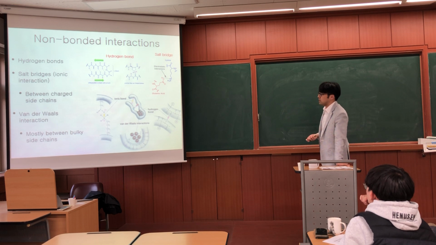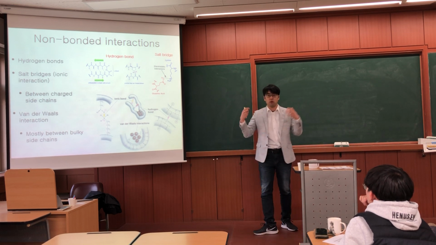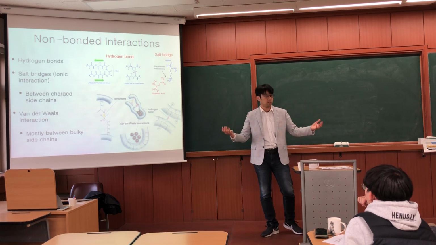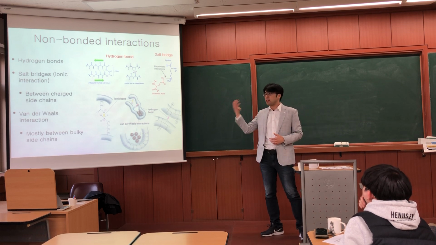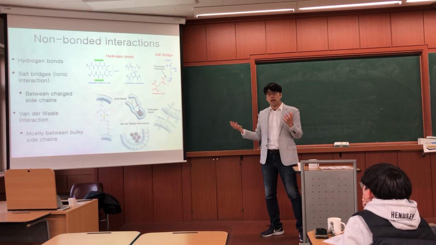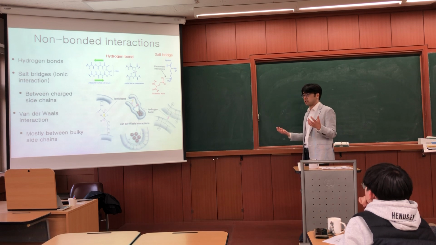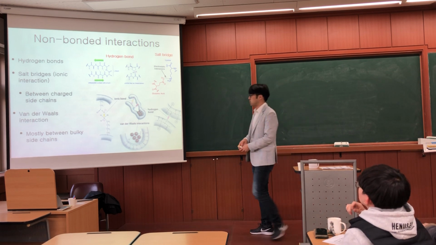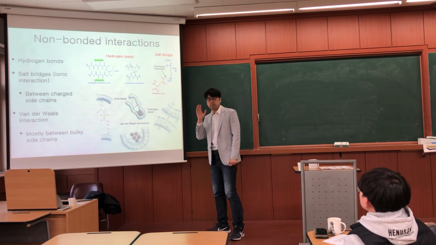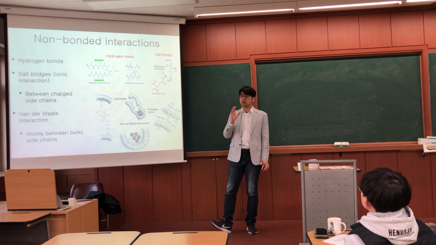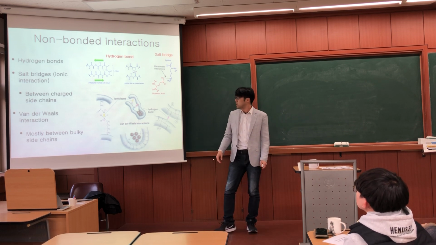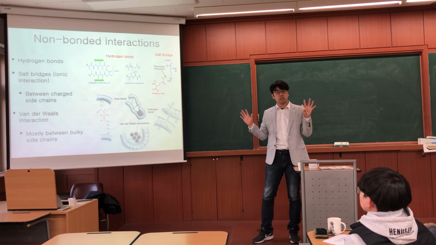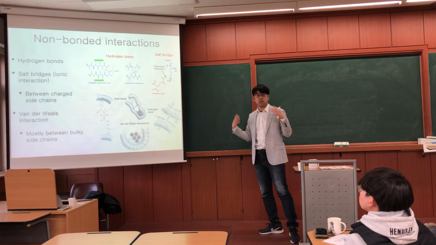And van der Waals interaction: we all learned that the van der Waals interaction exists between all atoms, right? And we also learned that van der Waals interactions are stronger for larger groups. So if side chains are large, then van der Waals interactions are generally larger.